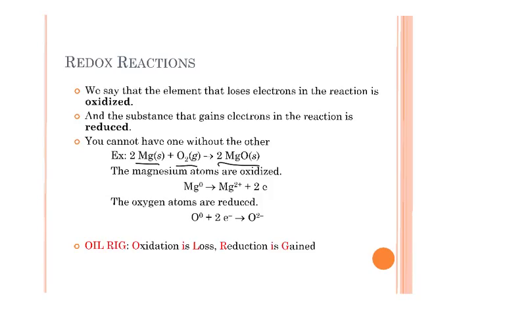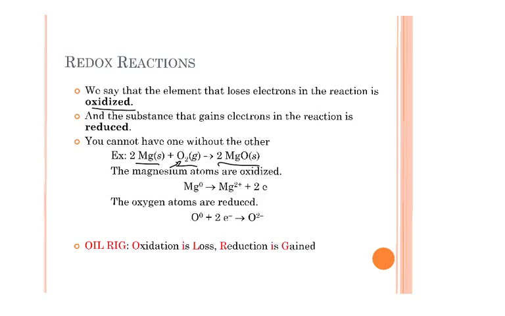So when you lose something negative, you become more positive. The oxygen atom, on the other hand, was reduced. It also had a 0 oxidation number in its normal form, and when it was bonded to magnesium, you see how it picked up a negative 2 charge, which means that it gained 2 electrons. So the oxygen atom became reduced, or it gained electrons.